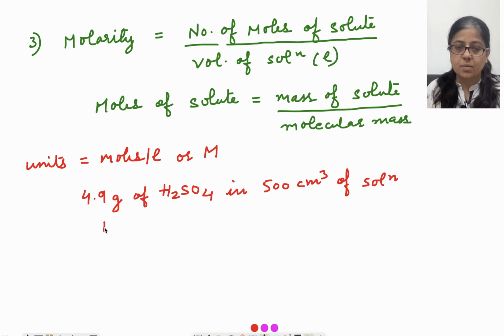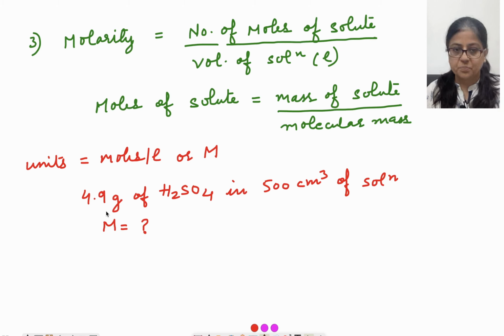Then what will be the molarity of the solution? So this is the question that we have to calculate. What will be the molarity of the solution if 4.9 gram of H2SO4 is dissolved in 500 centimeter cube of solution? Let us see how we will solve it.